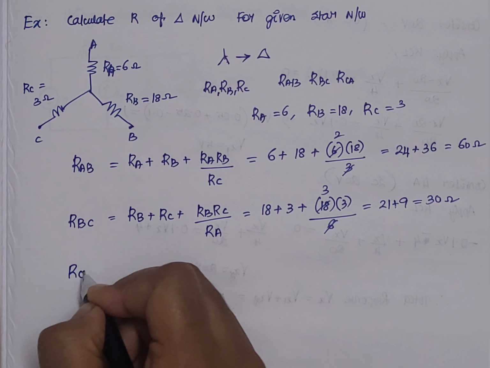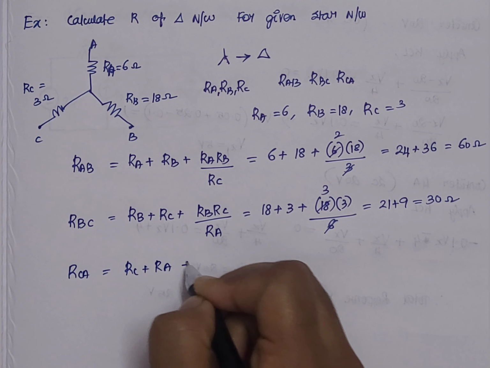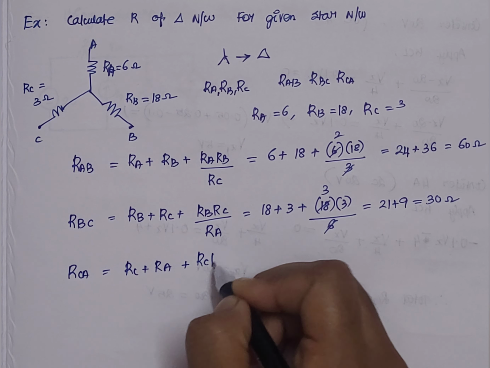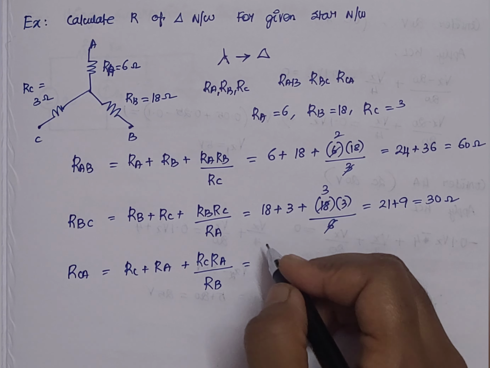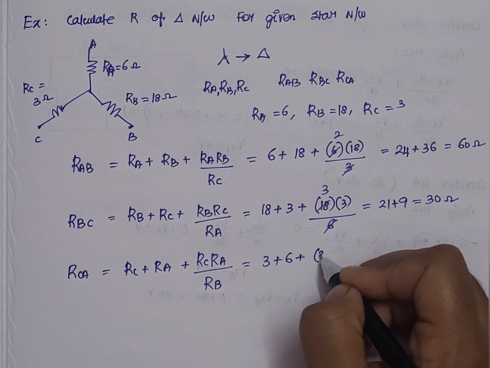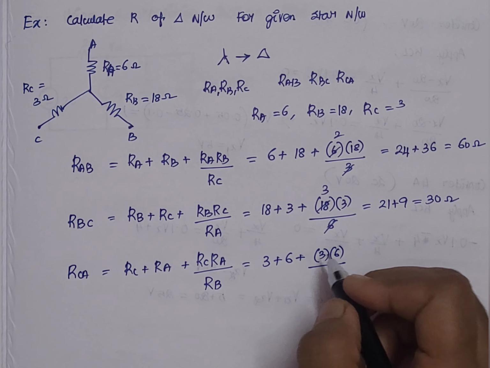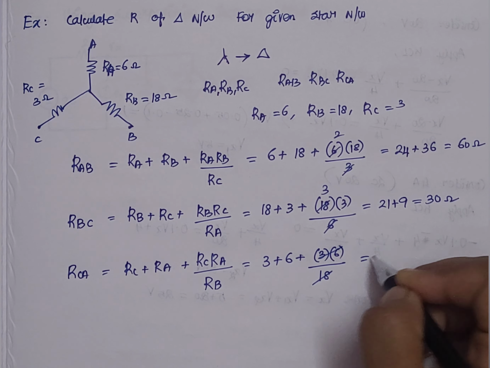Next, RCA, which is equal to RC plus RA plus RC into RA divided by RB, which is equal to RC is 3 plus RA is 6 plus 3 into 6 divided by RB is 18. So 3 6s are 18, which get cancelled.